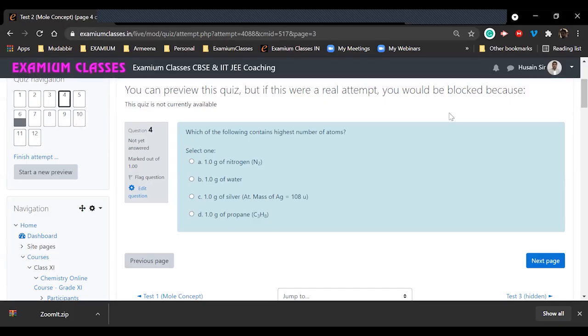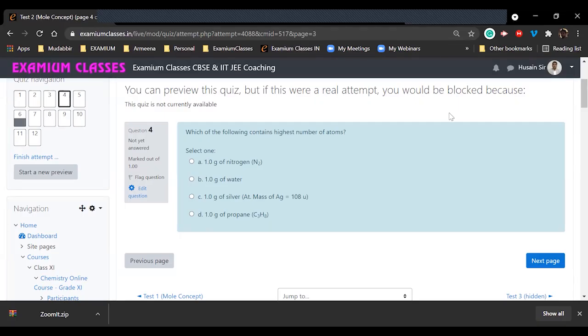Suppose you get 60 molecules of propane. One molecule has 11 atoms, so 60 molecules will have 60 into 11, that is 660 atoms. So D is a very good candidate for the answer, and you will first check that one.